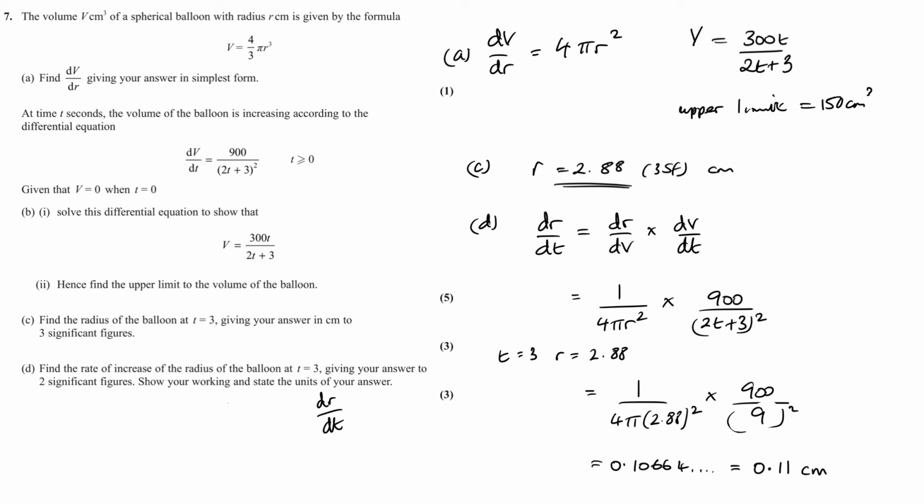Yeah, so per second, that's 2 SF. Of course, you can also write this as centimeters per second, like that, because it's a rate. Okay, not too bad a question. Okay, hopefully you found that relatively straightforward as well. Okay, and then let's move on to the next one.